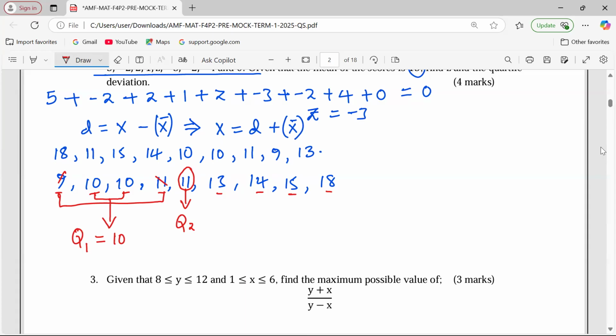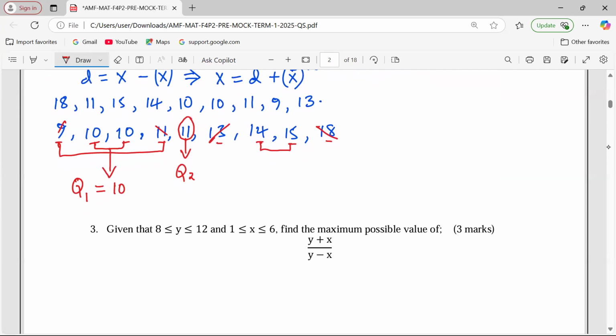After the median has been identified, now we have the upper set of the data. So we need the median for this upper set, whereby you can say there is 13 here, there is 18 here, and in the middle we have 14 and 15. So we have to take their average because they are both at the middle positions.